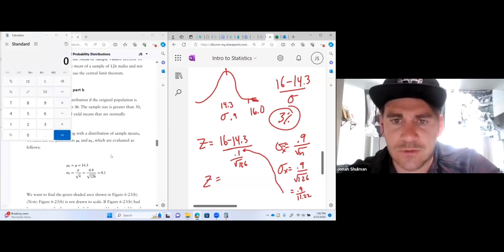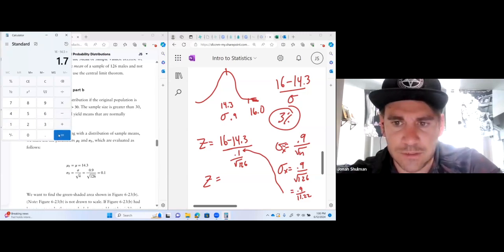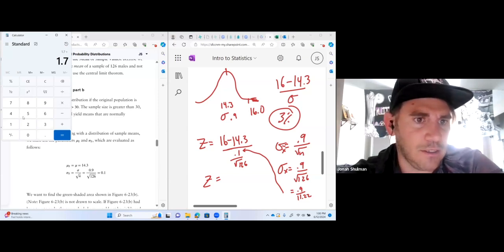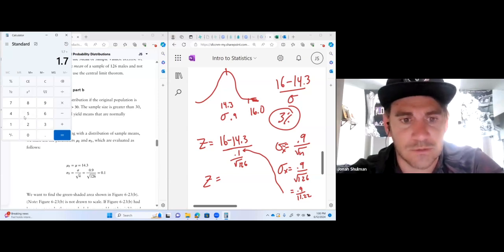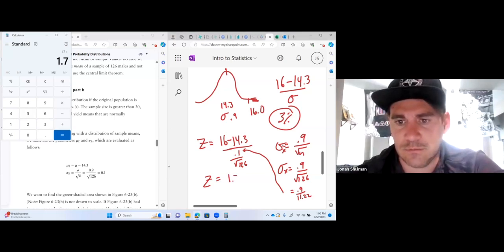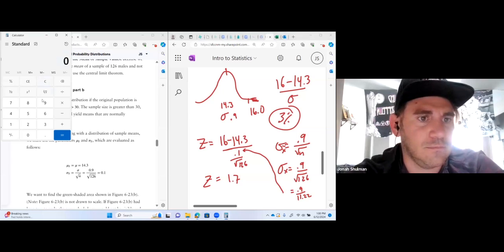So all we have to do is take the same thing, 16 minus 14.3. The mean doesn't change, right? You have 1.7. Now I just have to divide this by, well, I need parentheses. So we know the top is 1.7. The bottom is 126. We need the square root of that. Oh, I just need a better calculator, that's all.